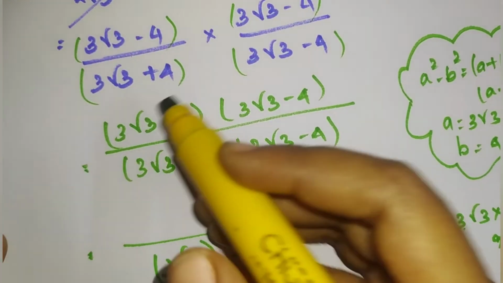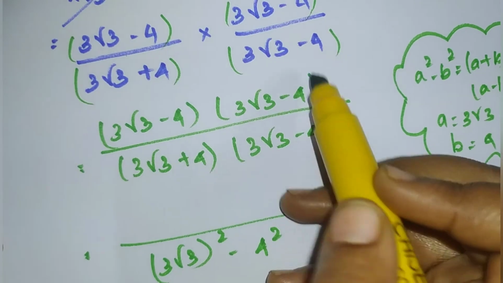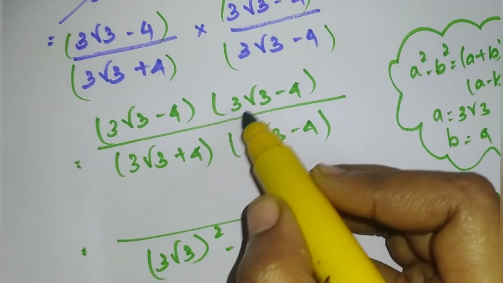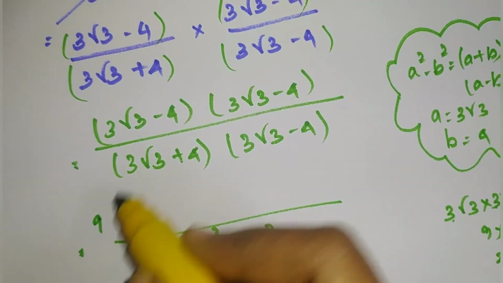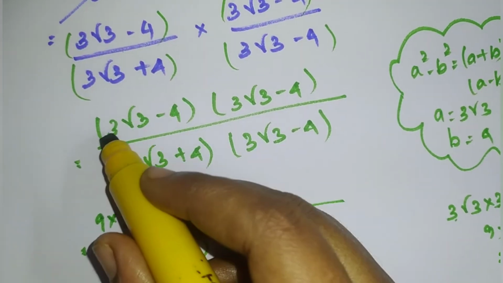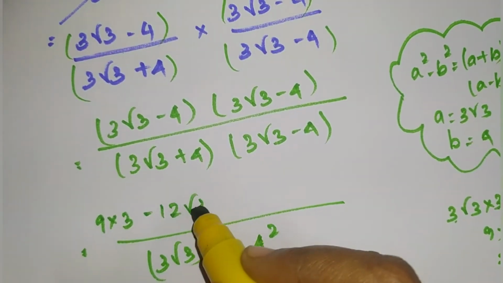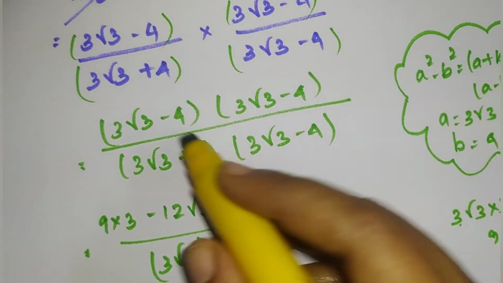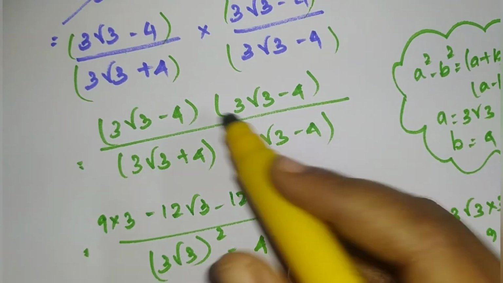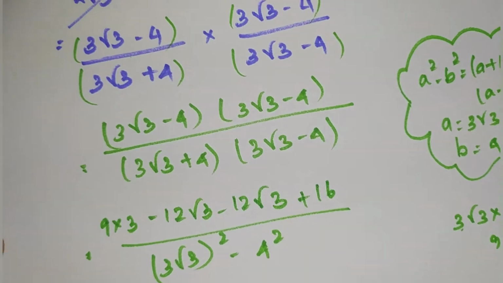Just multiply first term with first term, first term with second term, second term with first term, second term with second term. 3 3s are 9, root 3 into root 3 is 3. First term over. Plus into minus, minus 3 4s are 12 root 3. Minus 4 3s are 12 root 3. Minus into minus, plus 16.